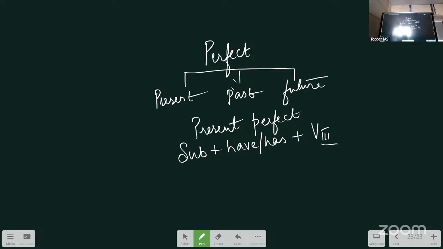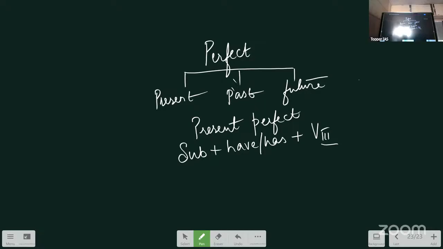For example, come, came, come. Go, went, gone. See, saw, seen. Write, wrote, written. Read, read, read. Cook, cooked, cooked. Play, played, played. Sing, sang, sung. Drink, drank, drunk. So you should learn the third form by heart. ಆವಾಗ್ಲೇ ಇದು ಬರೆಯಕ್ಕಾಗಲ್ಲ.